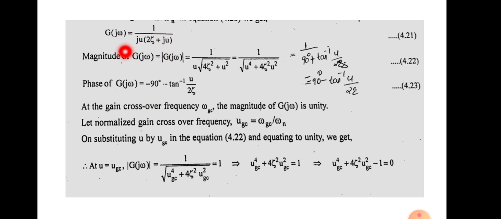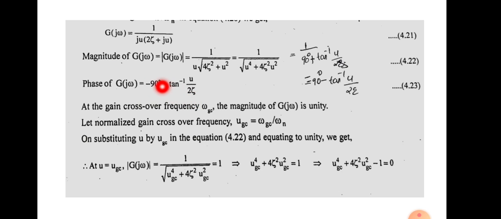And in this term, we can find the magnitude and phase. Magnitude can be obtained by taking the square root of the imaginary and real terms. And phase can be obtained by another equation: for finding the phase, we have to take tan inverse of imaginary term divided by real term.